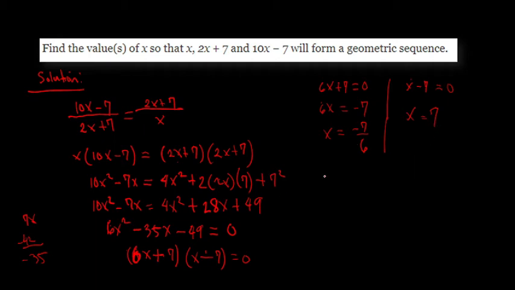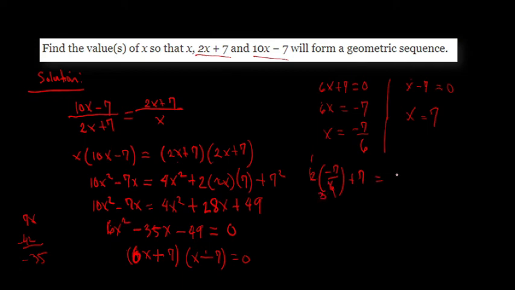So now, substituting this. So for example, if x is equal to negative 7 over 6, we can get this one and this one. So we have the second expression, 2 times negative 7 over 6 plus 7, is equal to, by 2, 1 by 2, 3.